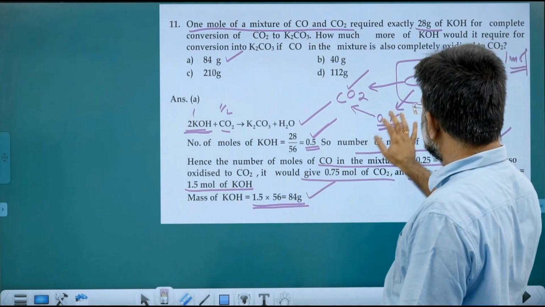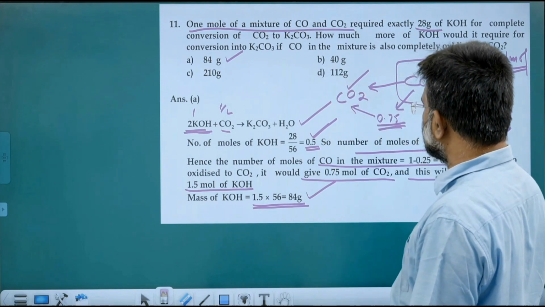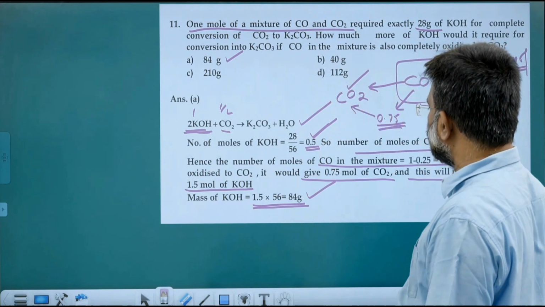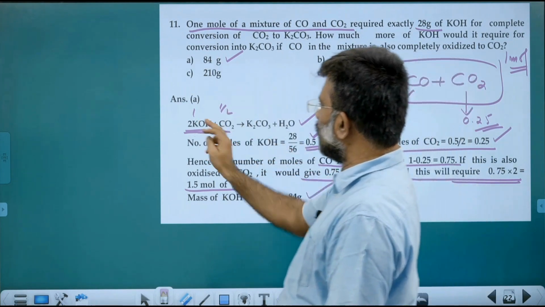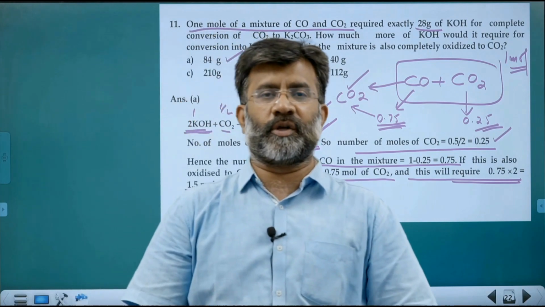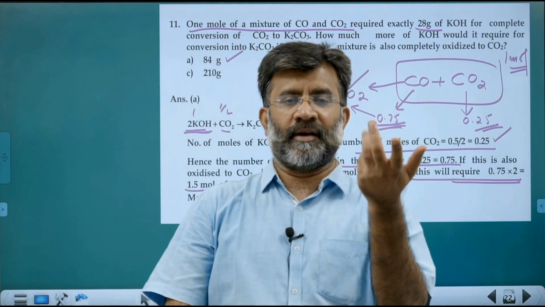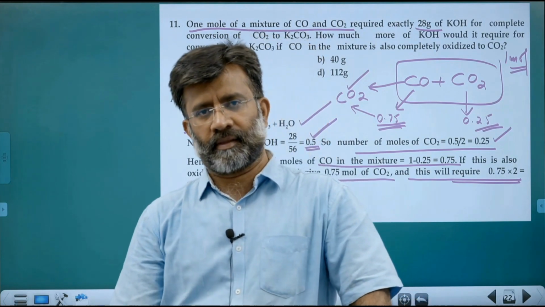Now this 0.75 CO is converted to CO2. How much do you get? 0.75 CO2, 1 mole gives 1 mole. Now for that 0.75 CO2, how much KOH do you need? 2 times, 0.75 into 2, 1.5 mole KOH is required. How much mass? 1.5 mole into the molar mass of KOH. I think it is clear.